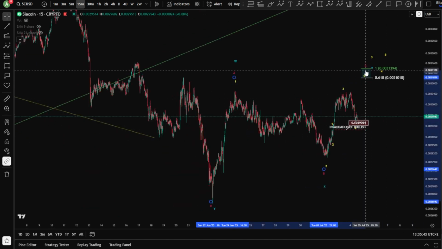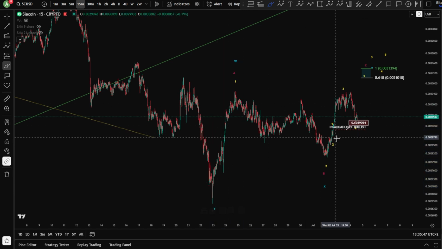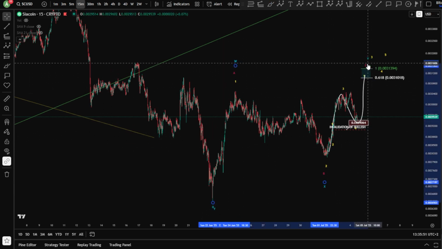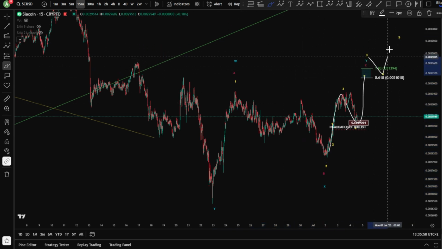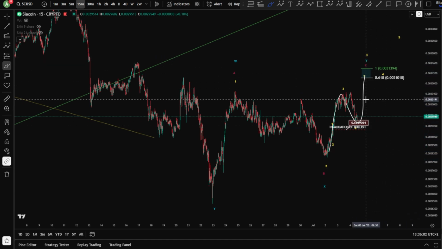At the same time, because it's going to be an impulse, be careful. It might be an ABC here, finishing a wave Y and a wave 3 at the same time. So basically, if we are impulsive, we would like to see 4, 5. If not, we move simply toward the downside, and this is a key level for the next price action.